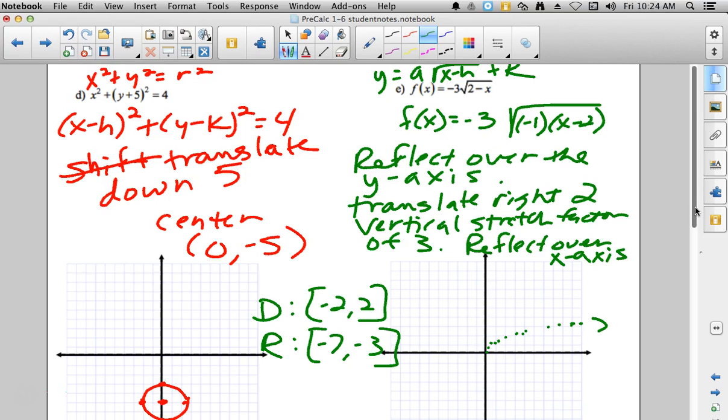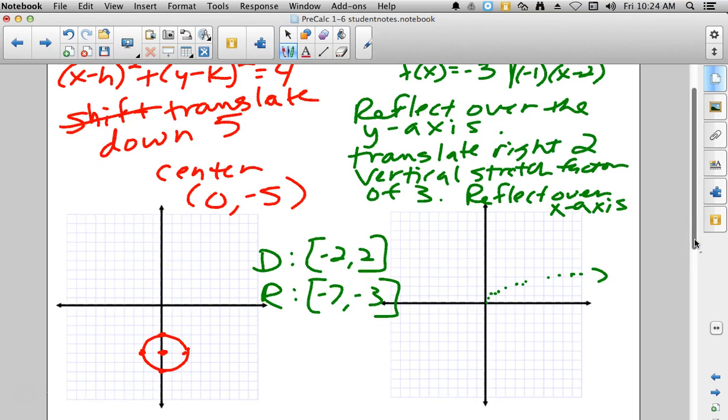But we're going to reflect that over the y-axis. Then we're going to translate it right 2 units. Then we're going to stretch that thing by a factor of 3.